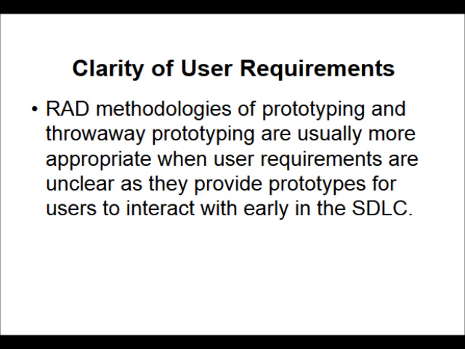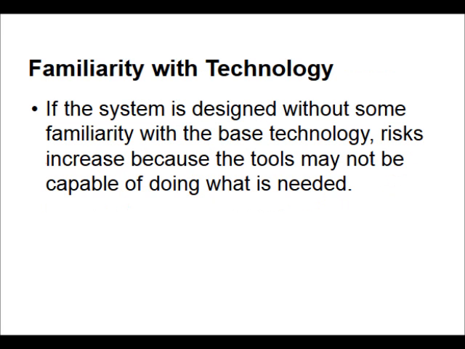Clarity of user requirements: RAD or rapid application development methodology, prototyping and throwaway prototyping are usually more appropriate when user requirements are unclear, as they provide prototypes for users to interact with early in the SDLC. Familiarity with the technology: if the system is designed without some familiarity with the base technology, risk increases because the tools may not be capable of doing what is needed.